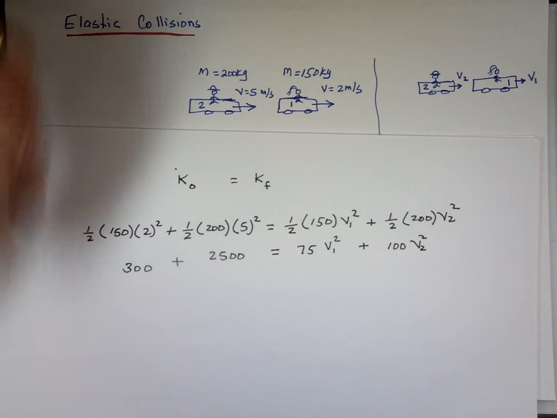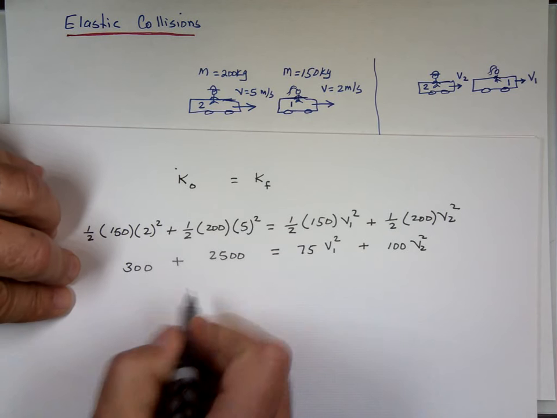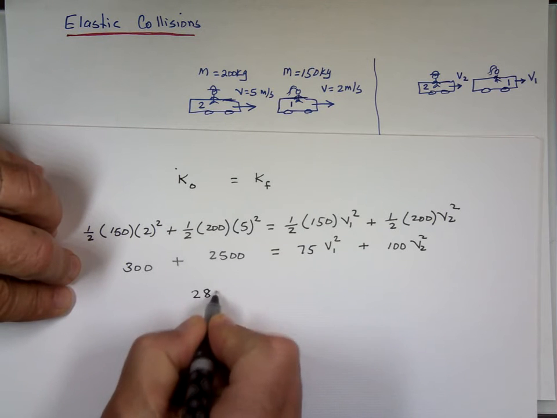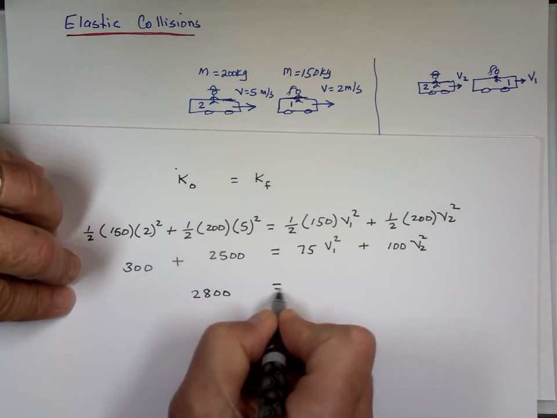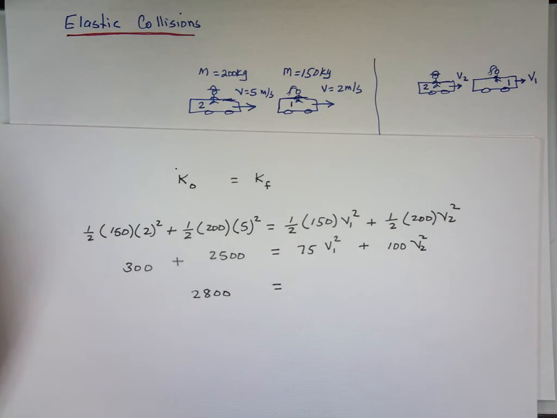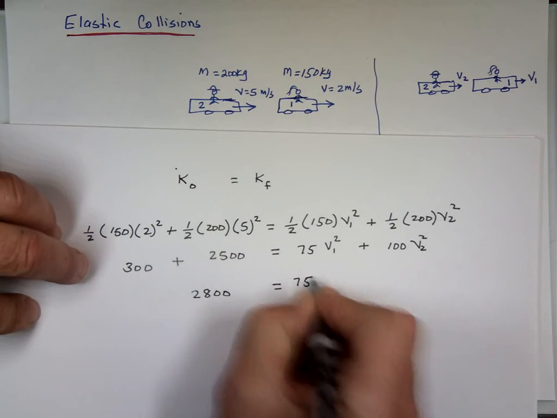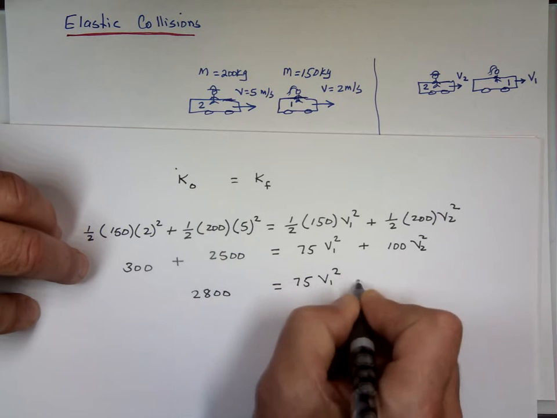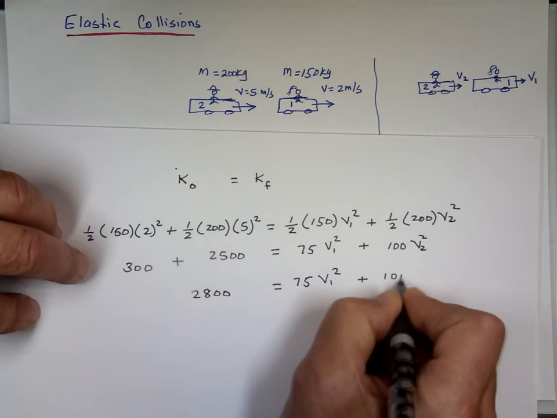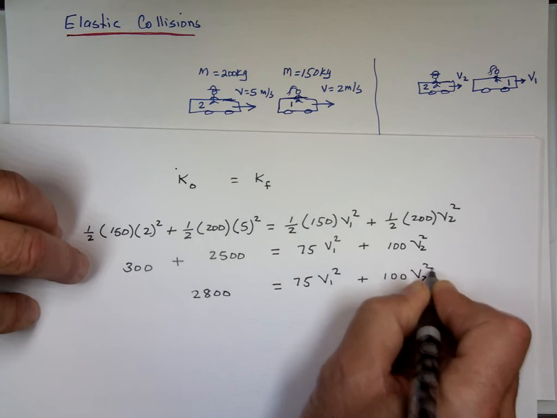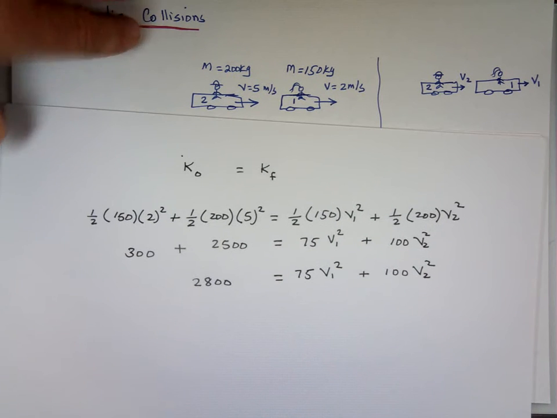Okay, 2,500 and 300 is what? 2,800. Equals 75 v1 squared plus 100 v2 squared. Is that what we got?